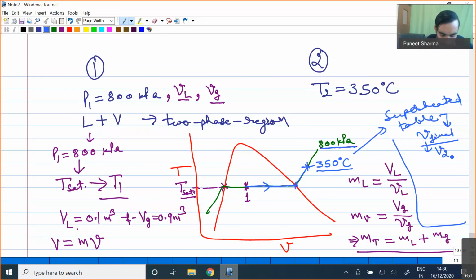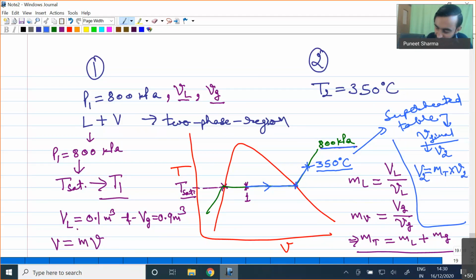Now mass I already know. If I already know the mass, my volume will be equal to total mass into specific volume, because we have not taken any mass out of the system. So mass will remain conserved. However, it will be converting from liquid to vapor. So my final volume, or volume corresponding to state 2, will be nothing but total mass into specific volume. Is this point clear? Yes, sir.